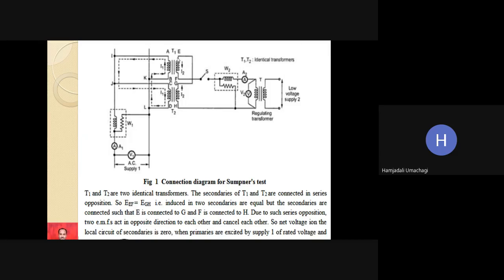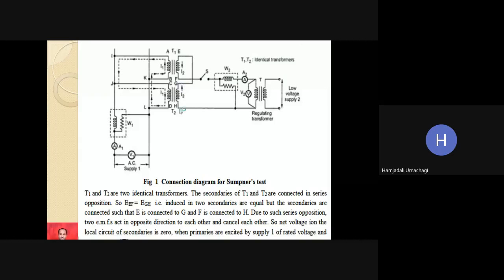You can see the flow. E is connected to G, then H is connected back to F via the regulating transformer terminals, ammeter, wattmeter W2 and switch. Due to such series opposition, the two EMFs act in opposite directions and cancel each other.